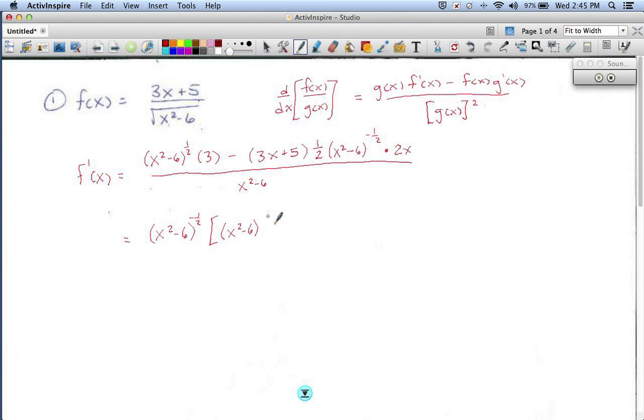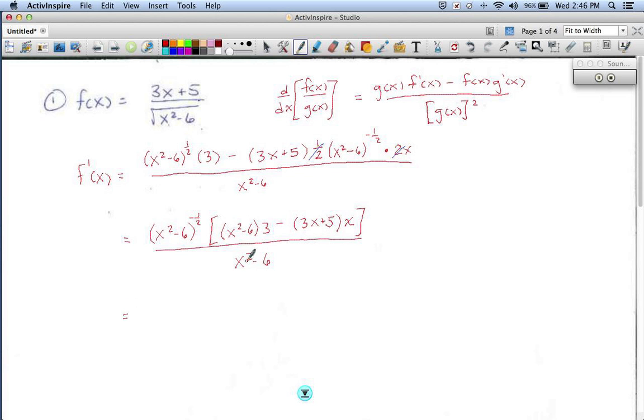So x squared minus 6, the 3 obviously is still there, minus the 3x plus 5 is still here. The half and the 2x, half and 2 are gone. This came out obviously, and I'm left with just the x from here. And that is over x squared minus 6, and that's all to the first power.